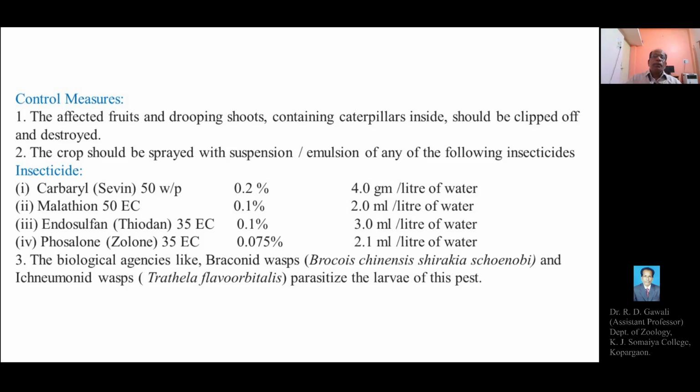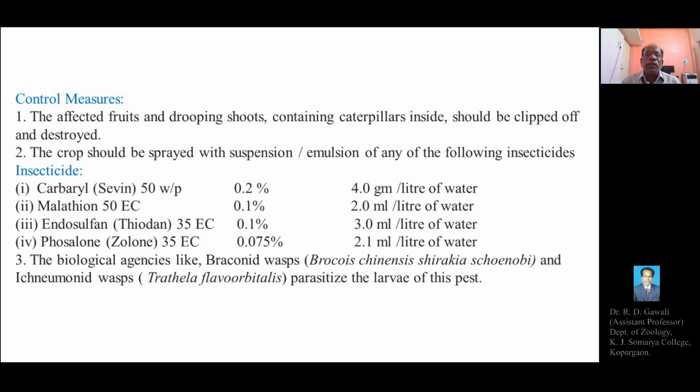So these are the four different types of insecticides which are used either in the form of suspension or emulsion and are sprayed onto the brinjal crop whenever an infestation or attack of the brinjal fruit borer is found or noticed.